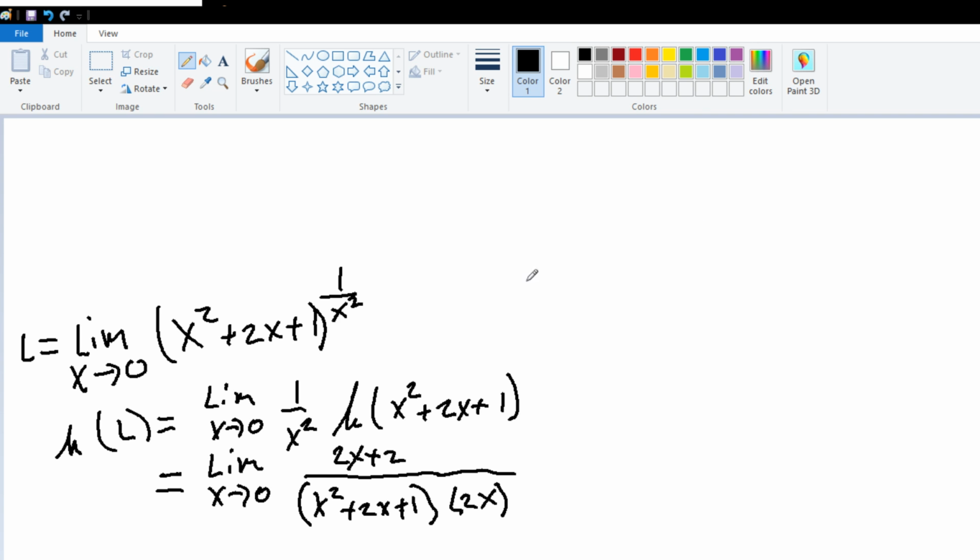So let's figure out where this thing has roots, so we can figure out where it is negative and where it is positive. Negative b plus or minus the square root of b squared minus 4ac, over 2a.